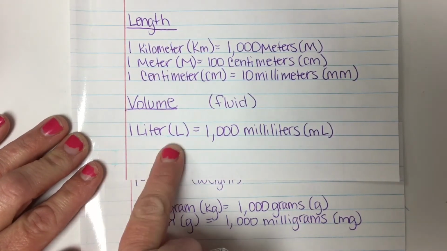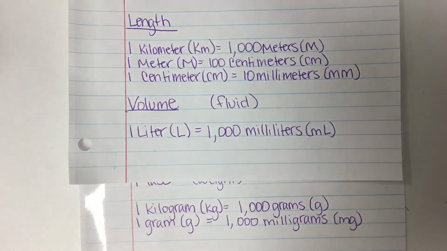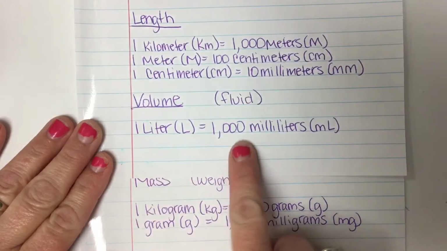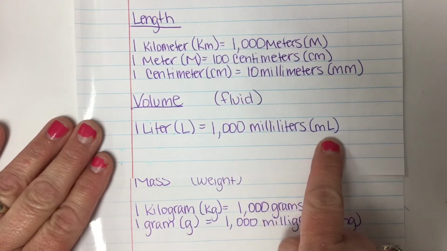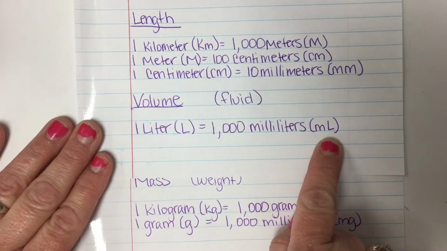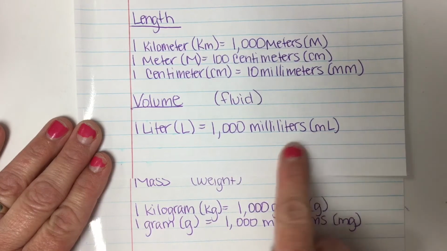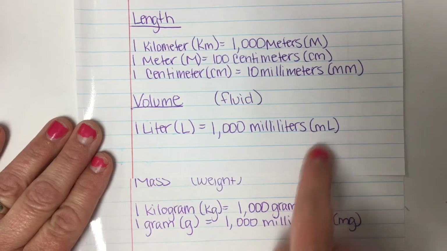If you buy one of those great big Cokes for your house, those are 2 liters. Look at it. It will tell you how many liters it is, and it will tell you how many milliliters. A lot of times you see milliliters in things like medicine. If you take any kind of liquid medicine or eye drops, stuff like that, it's measured in milliliters.